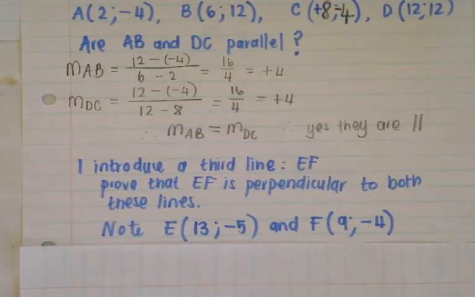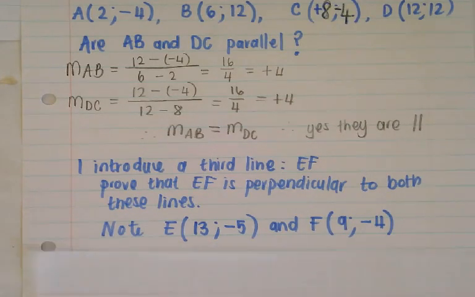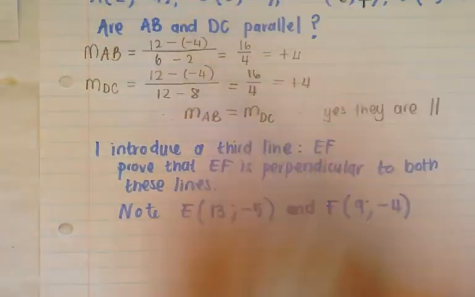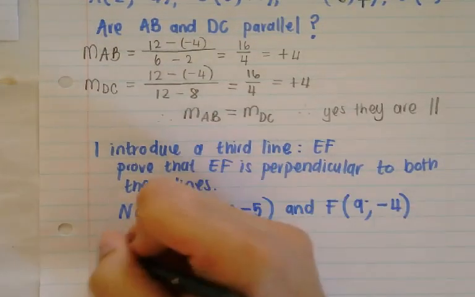Okay, so I am talking about EF and I'm talking about perpendicular. So the first thing I'm doing is finding that gradient of EF. If nothing else, do that and you can get some marks.